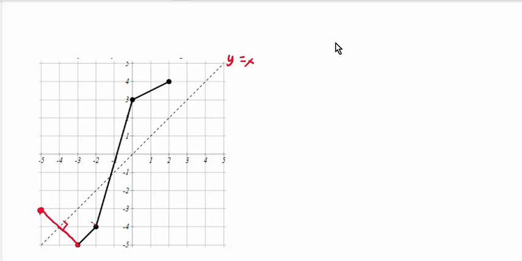Drawing a line from this dot to the line y = x, I get this distance in here. So if I was to continue on in that direction, that would give me this point. 0, 3, if I drew a line perpendicular, I would have to go this far to get to the line y = x. So if I was to go that far further, that's where we get the point 3, 0.